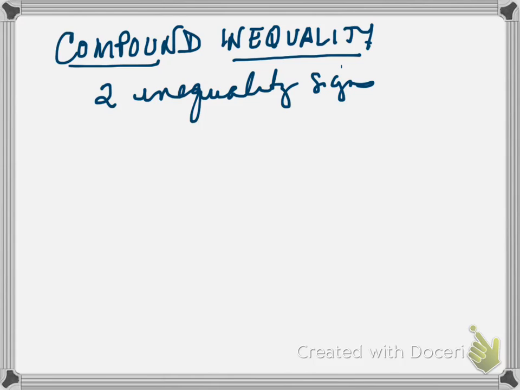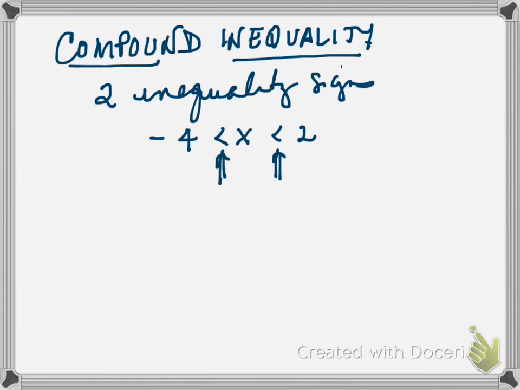So something like this maybe. -4 is less than x, which is less than 2. This is a compound inequality. You can see right here I have two inequality symbols. How do we graph something like this?